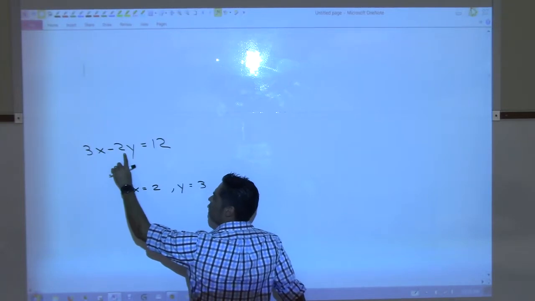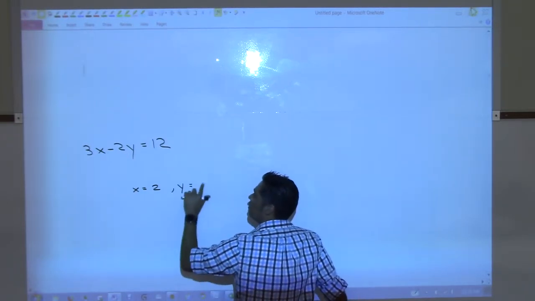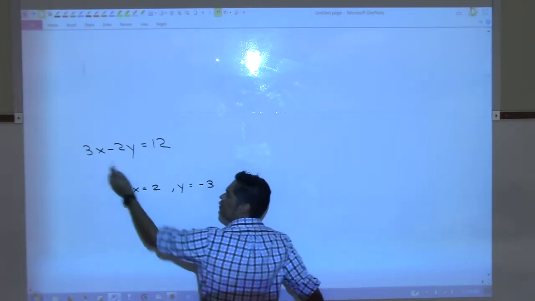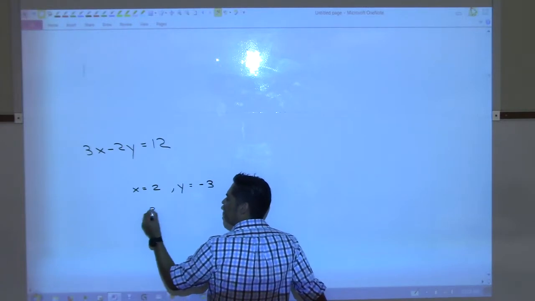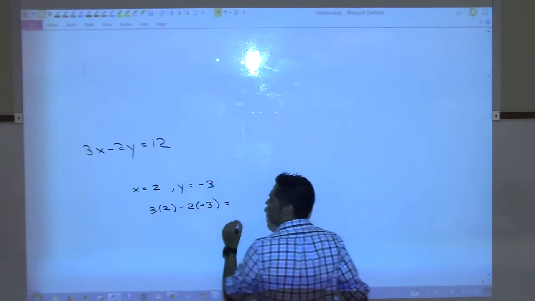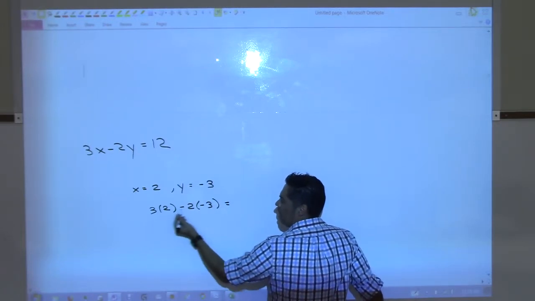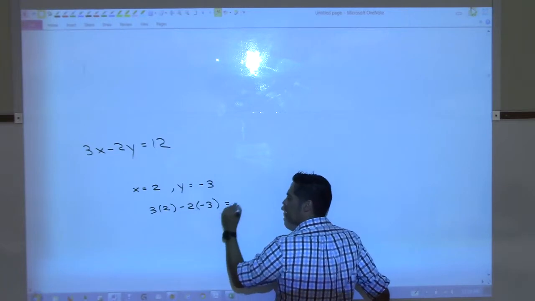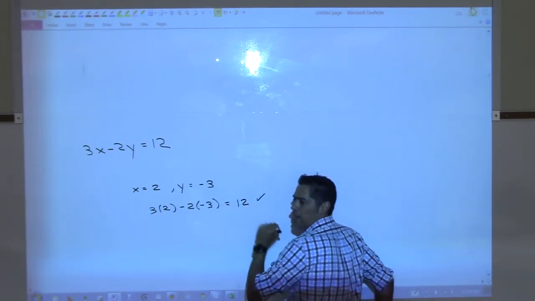Minus, well, I'm not quite sure it's going to work. Yeah, I was thinking addition when I said that. So why don't we change this to negative 3? Would that work? Let's do that: 3 times 2 minus 2 times negative 3. So that's 6, and then this is negative 6, but I'm subtracting it, so that'll be plus 6, so that'll be 12, won't it? And that works, right?